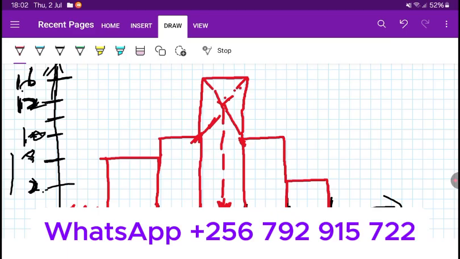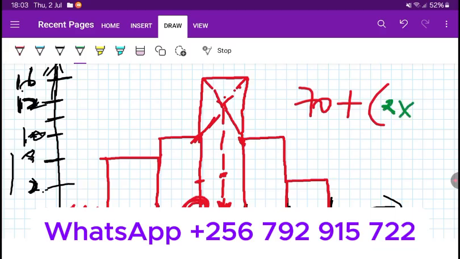Of course, you will see that from this point, you have a 70, so it will be 70 plus. Then you interpret your scale from here up to here. How many small squares are there? Remember, we said that this is going to have maybe 1. Let's assume maybe we had 2. Then it will be 2 times what you have interpreted from the small squares.